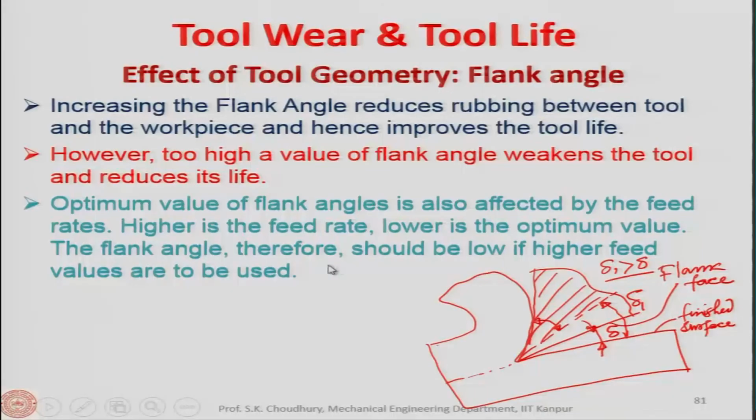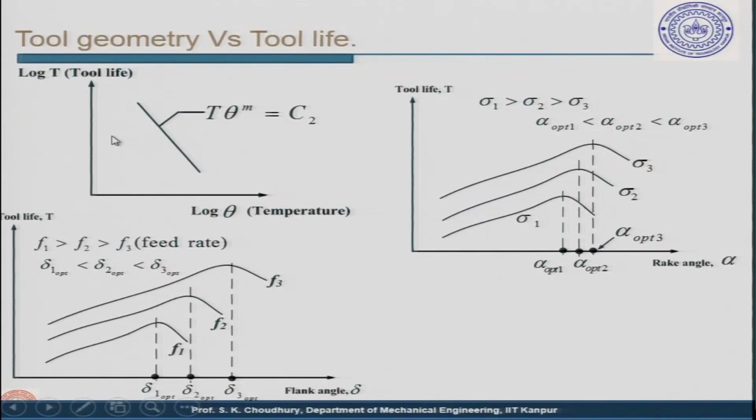The flank angle therefore should be low if higher feed values are used. So this is an important suggestion: the flank angle which we have determined as the optimum for maximum tool life has to be lowered if higher feed rate values are used. These are shown in the curves.